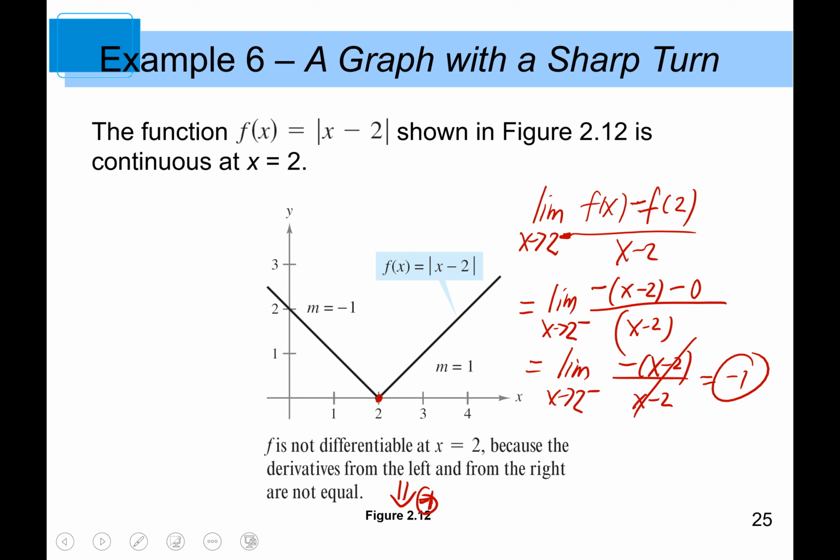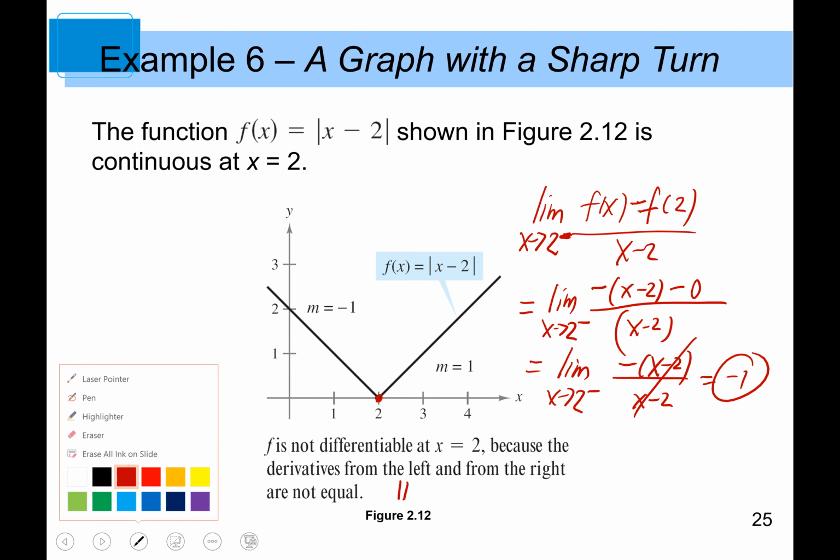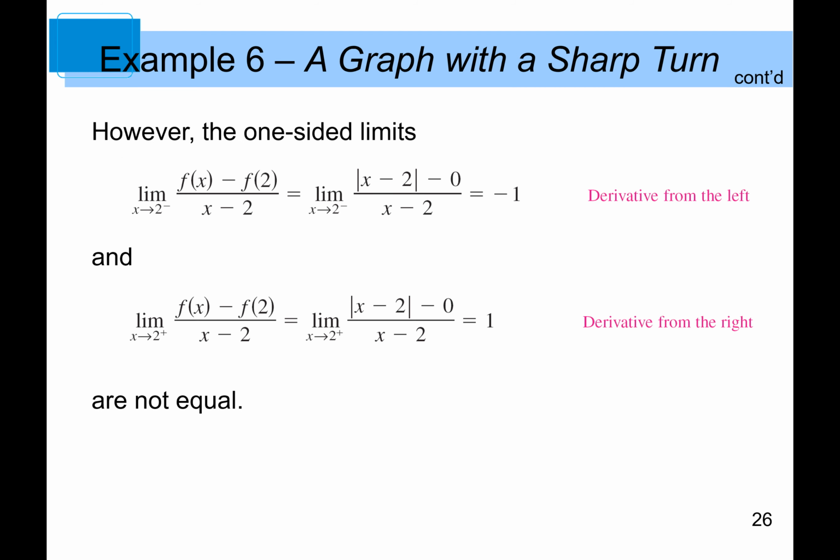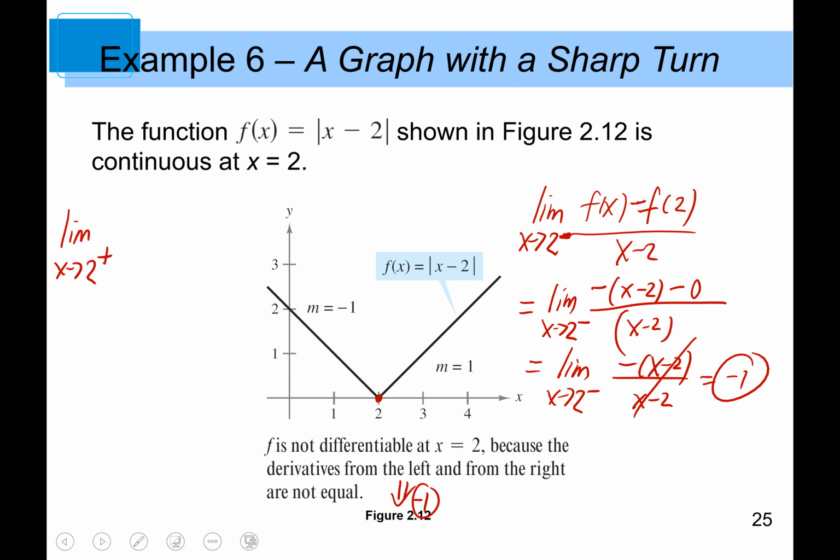Let's take a look at the derivative from the right. The limit as x approaches 2 from the right of f of x minus f of 2 over x minus 2. In this case, from the right-hand side, x minus 2 is always positive.